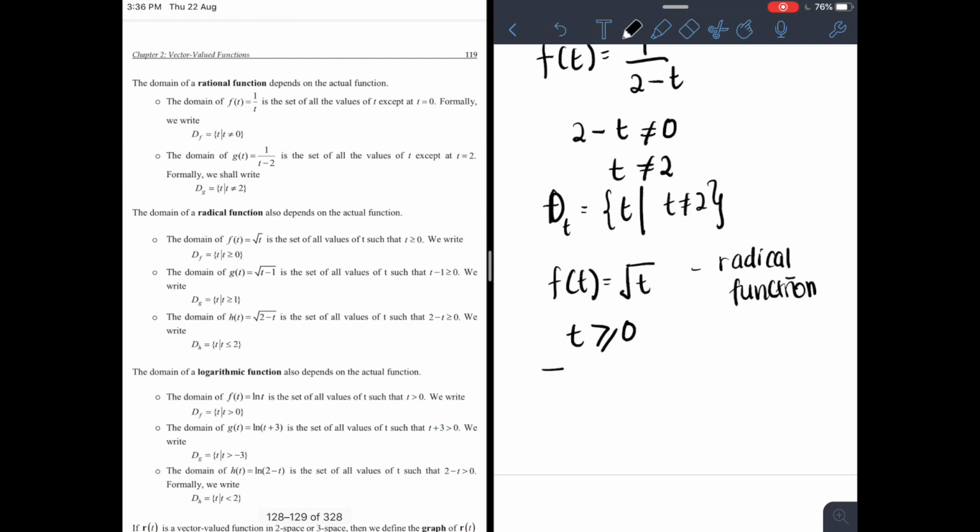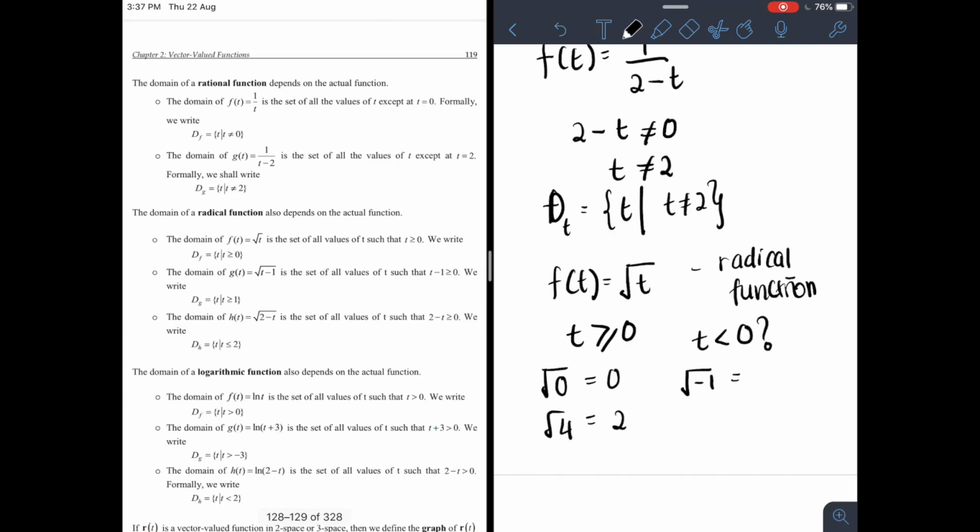For example, if you put √0, the calculator will give you the answer 0. Or if I put √4, I will get the answer 2. But what will happen if you replace t with a value less than 0? For example, √(-1).